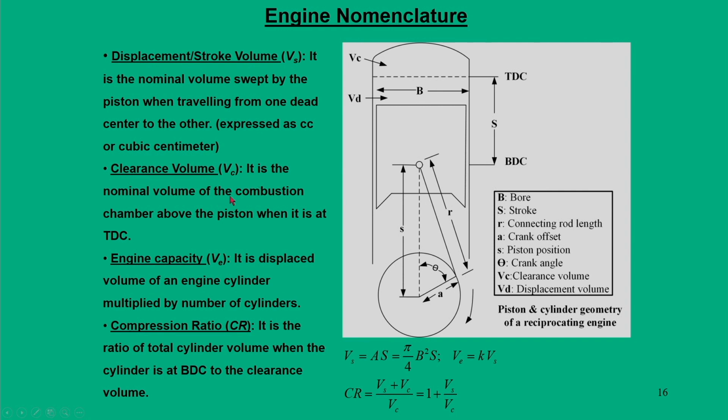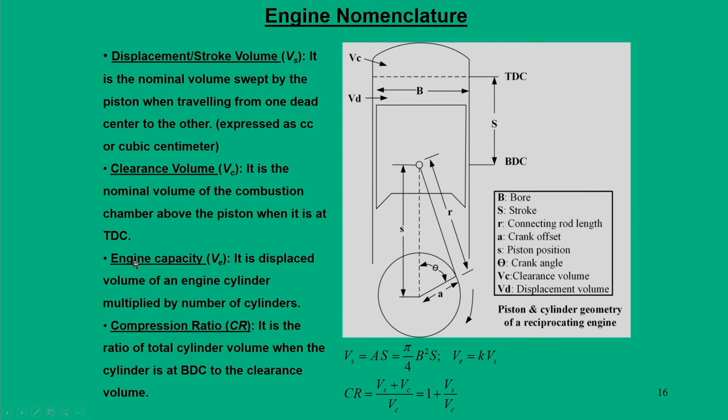It is the nominal volume of the combustion chamber above the piston when it is at TDC. So when the piston is at TDC, the volume which is enclosed in this combustion chamber we call the clearance volume. Here it is represented as VC.